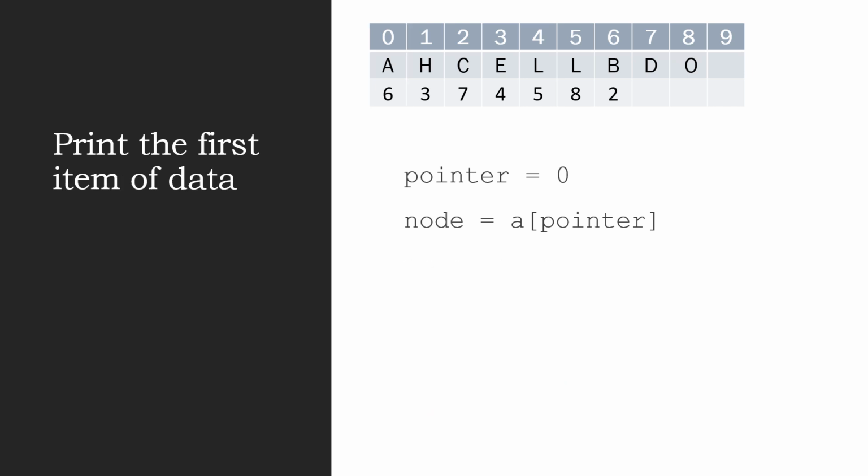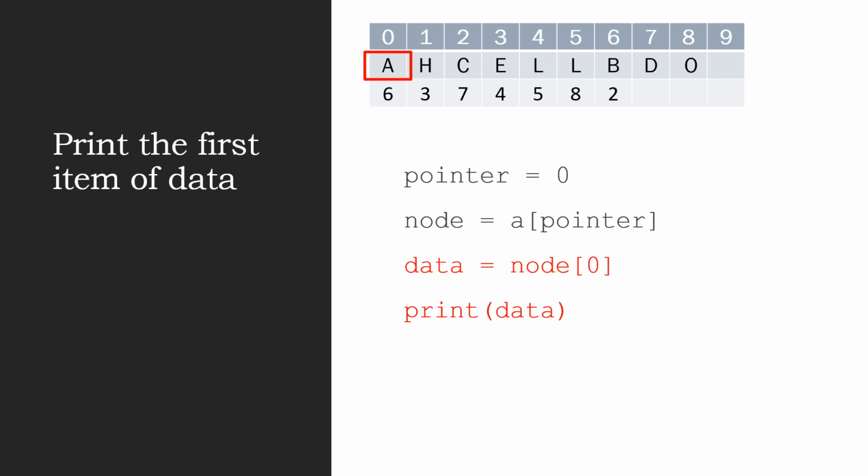Now, normally we don't want to print the whole node because the second value is the pointer, and that's not part of the data. So normally we just want to print out the data part of the node. So I've set up a variable, I've called it data, and I'm storing the first value in the node and then printing it out.